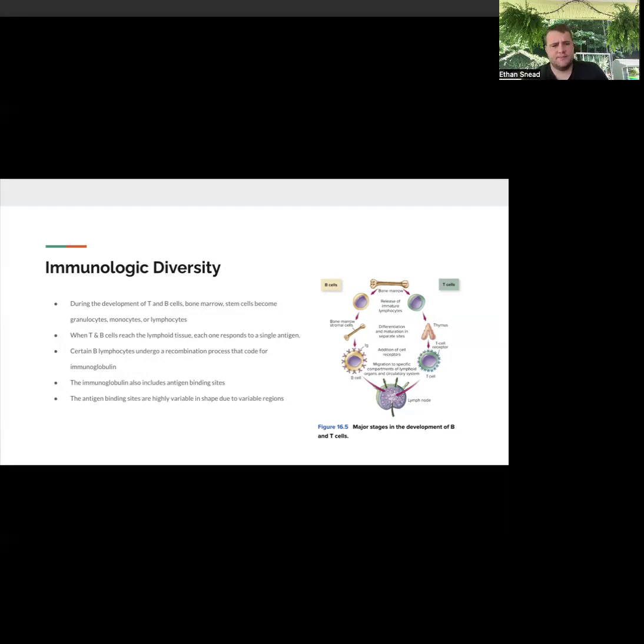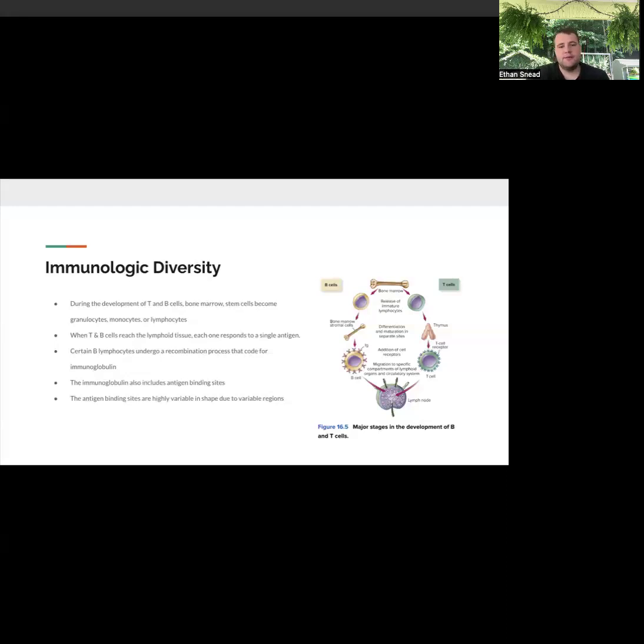And then when the B and T cells reach the lymphoid tissue, each one is already equipped to respond to a single antigen. Certain lymphocytes will undergo a recombination process that codes them for the immunoglobulin.